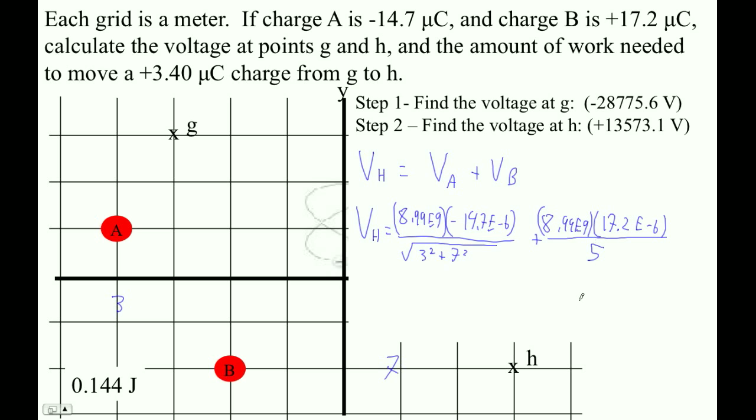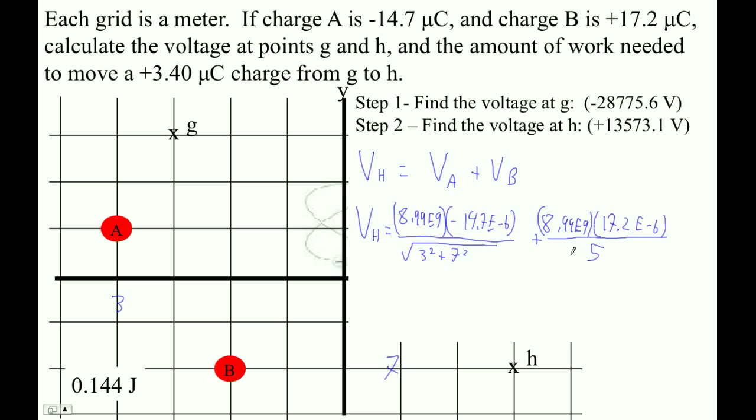I'm going to store this in H. So here we go. 14.7, 8.99, and these distances are 3 and 7. And then this guy is 17.2, but it's just over 5. So I'm going to say it's 0 down and 5 over. Is that right? Yeah. Are we ready?